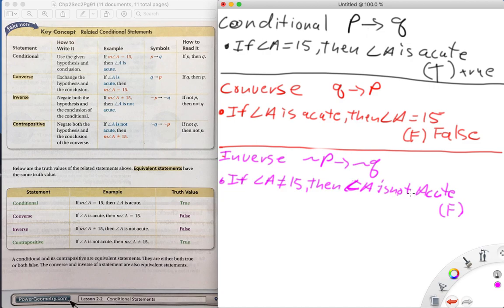But 10 is also acute, and this statement says that A can't be acute if it's not 15. So this is saying only 15 can be acute. That's not true. So 10 is a counterexample of that inverse.